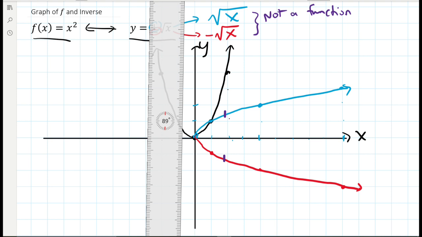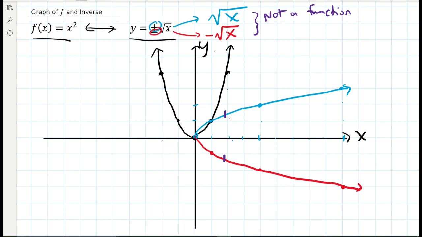So that's the vertical line test. I want to make sure that you guys remember what that is. It's not a function because it fails the vertical line test.